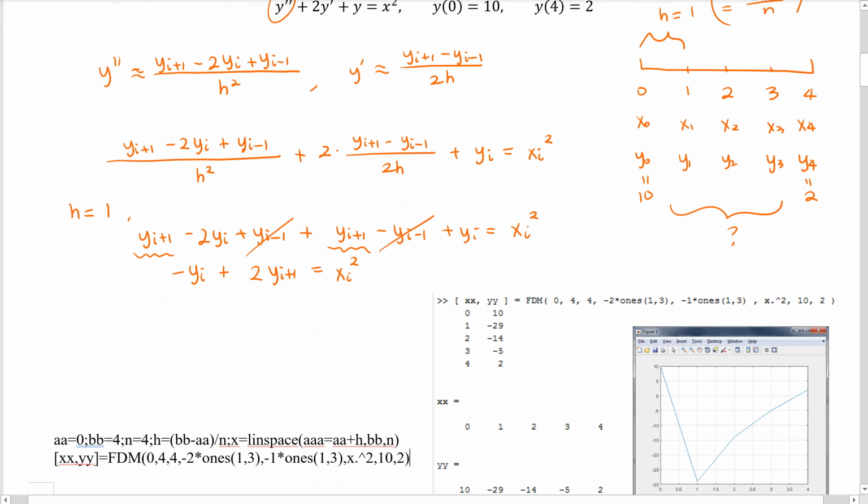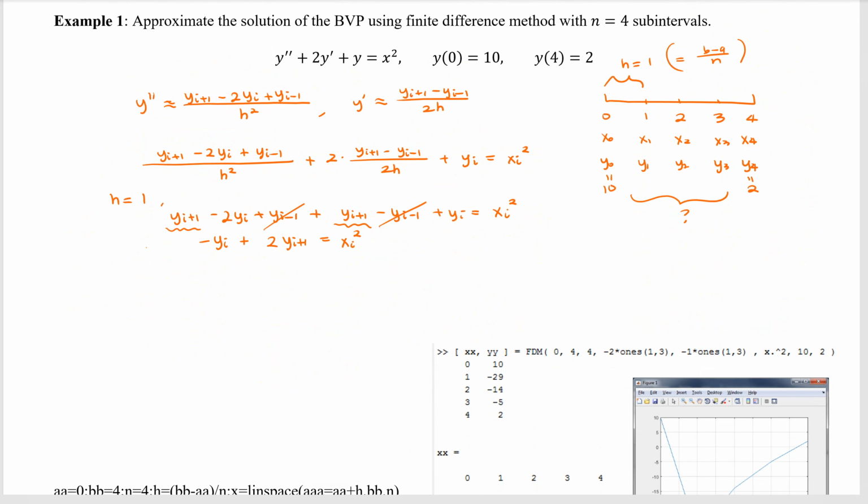Now, let me make this smaller so that I can have more space. Alright, we're ready. So here we plug in i equals 1. We're looking for y1, y2, y3, so we plug in i equals 1, i equals 2, and i equals 3 so that we can get 3 equations to solve those 3 unknowns.